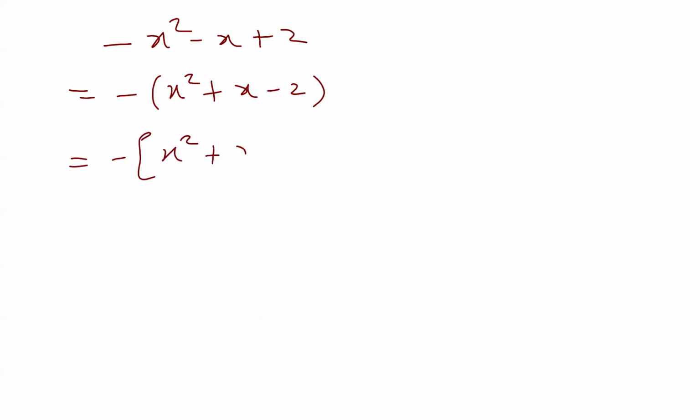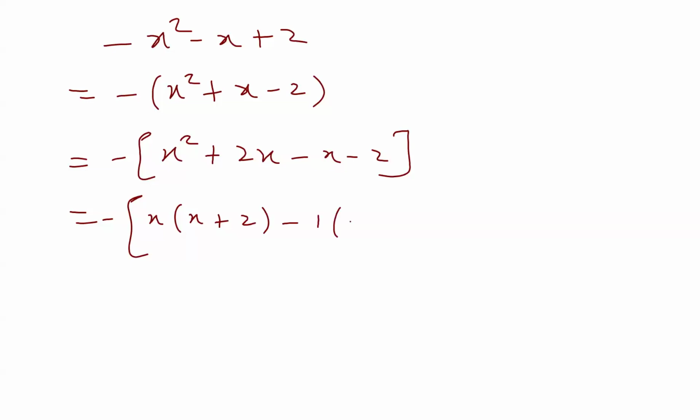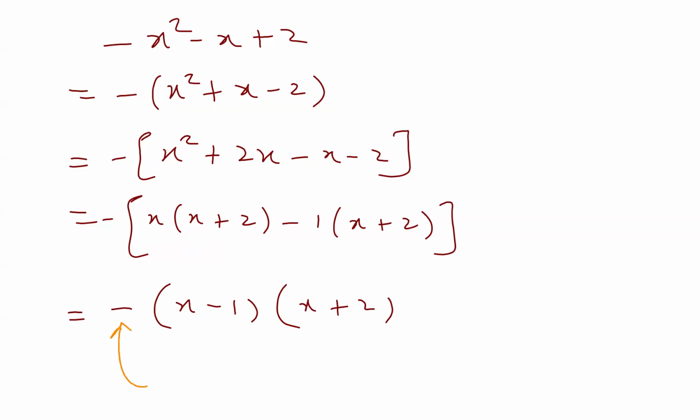Minus x² minus x plus 2. So this is the quadratic expression. Take minus sign common: x² plus x minus 2. Factorize: x² plus 2x minus x minus 2. x into x plus 2 minus 1 into x plus 2, minus of x minus 1 into x plus 2. Now I would personally recommend don't keep this minus sign over here.